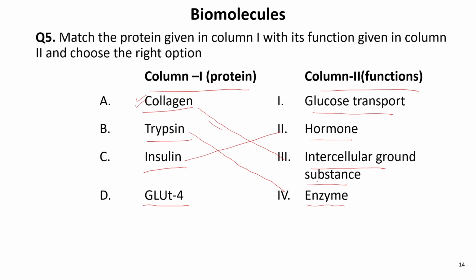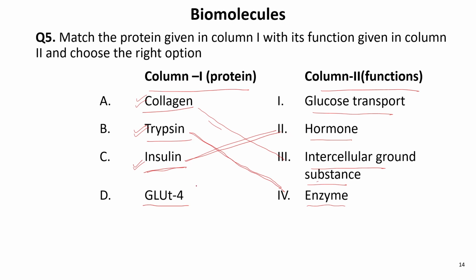Okay, most abundant animal protein. Trypsin is an enzyme. Insulin is a hormone. This is also protein in nature.